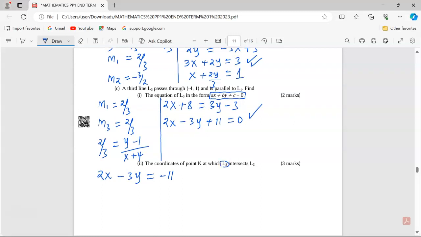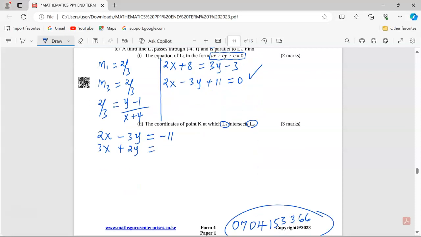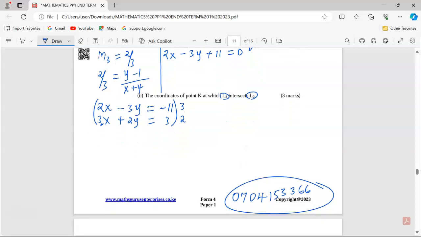Remember, L3's equation is written, so L2's equation is 3x plus 2y equals 3. Let me solve by what we call the elimination method. If I decide to eliminate x, then I'll multiply the first equation by the coefficient of x in the second equation, that is 3, and the second equation by 2, the coefficient of x in the first equation.